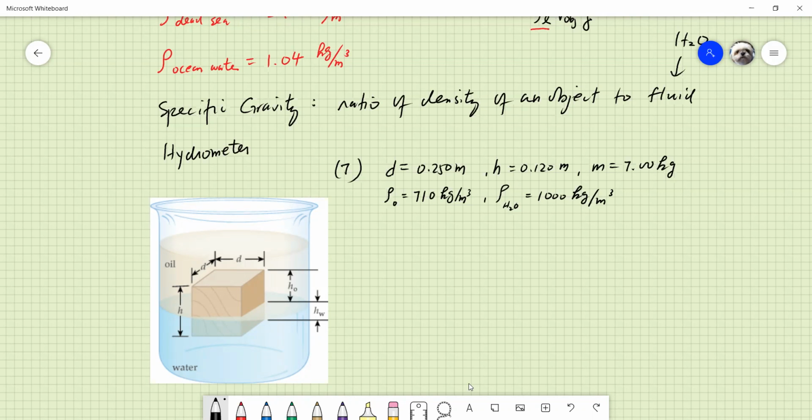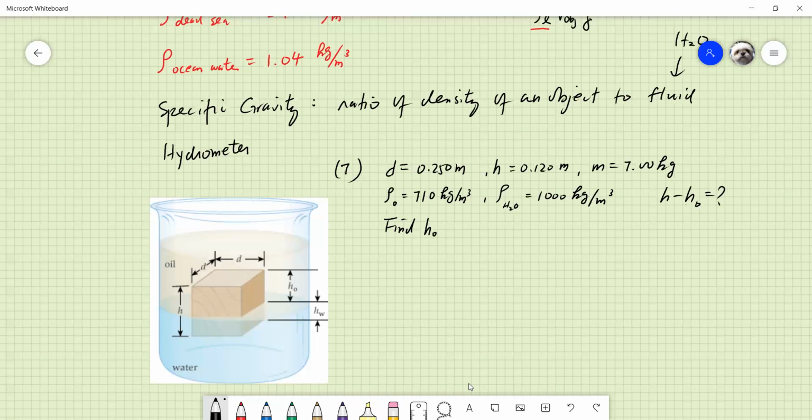So we want to find H minus H naught. The first thing you have to do is find the H naught, right? If you know the H naught, then you know the H minus H naught.